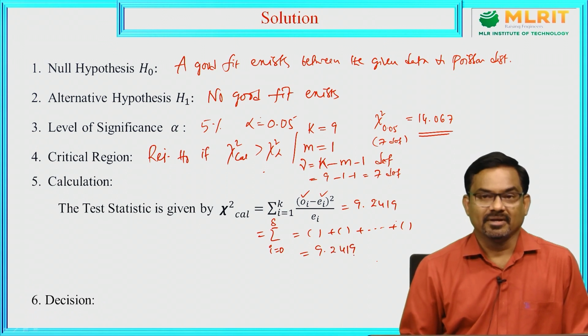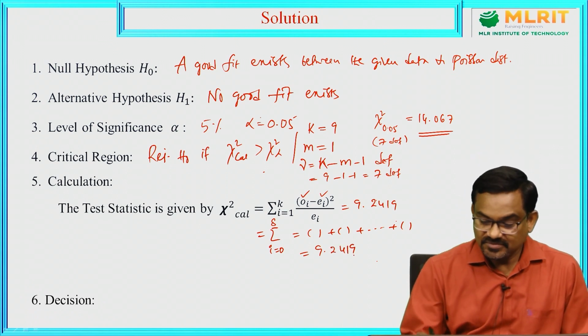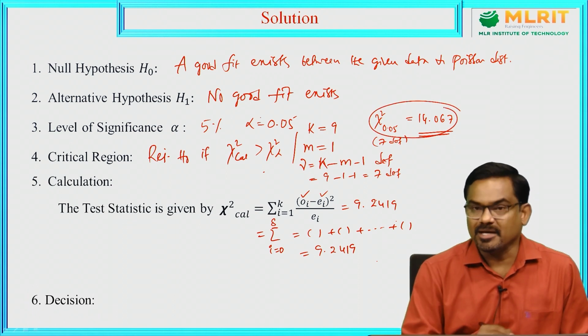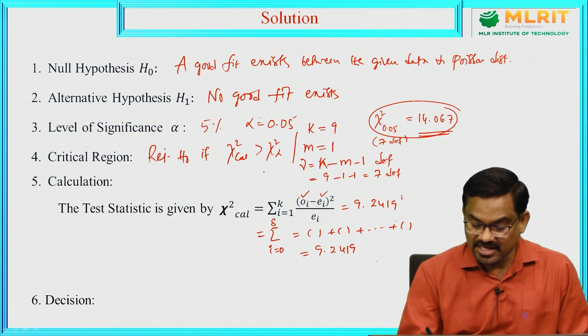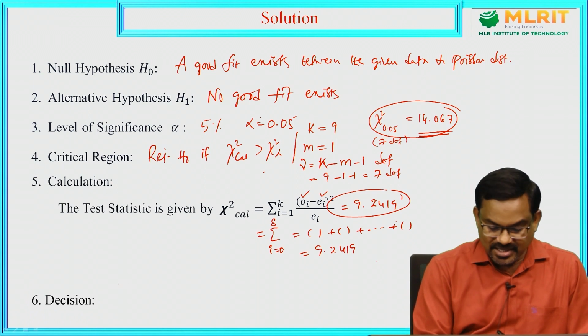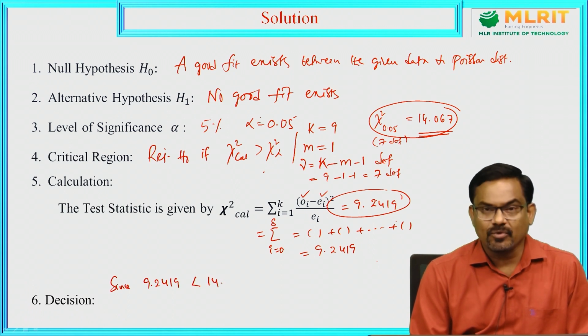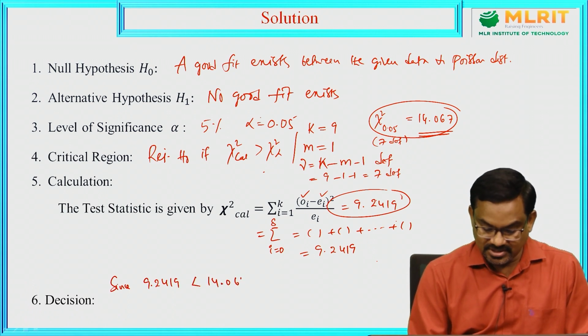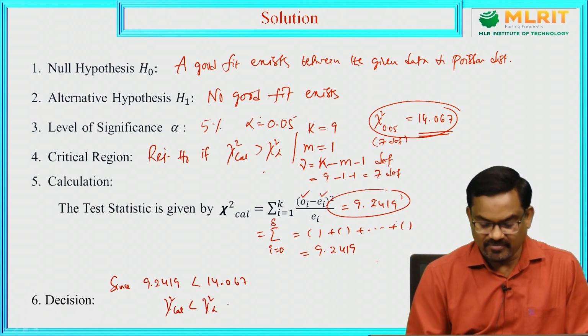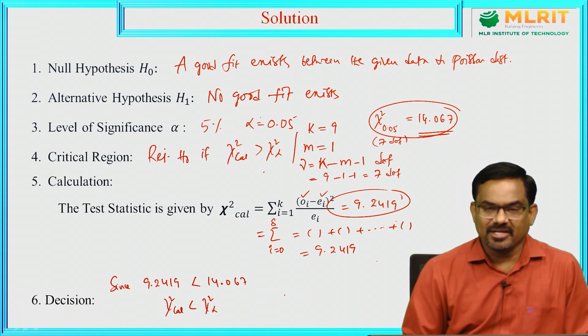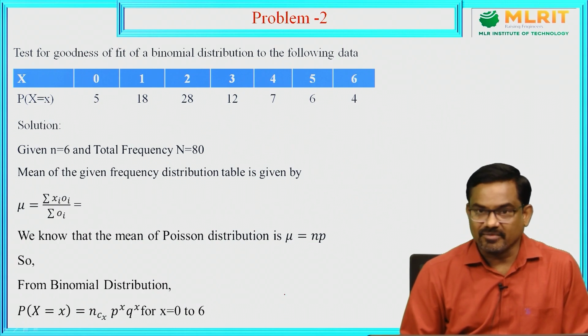And the final decision: here this is the tabular value and this is the calculated value. Let us compare these two. Since 9.2419 is less than 14.067, the chi-square calculated value is less than the tabular value.